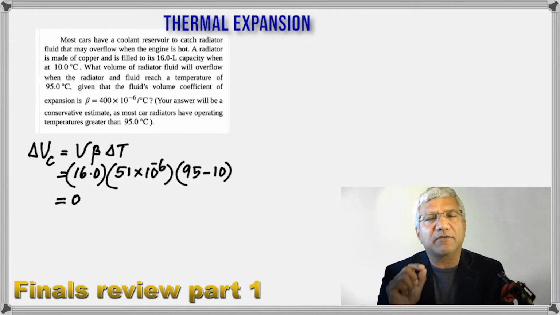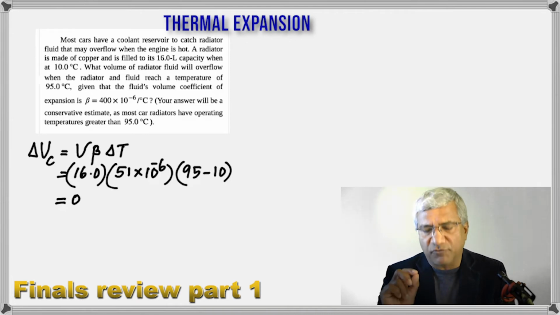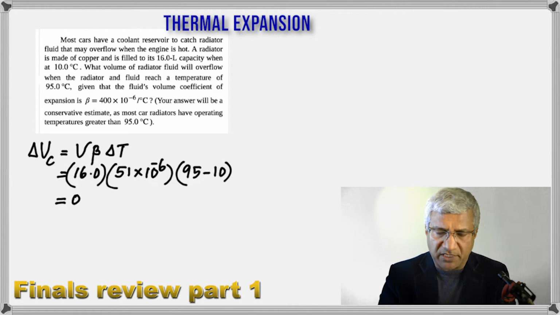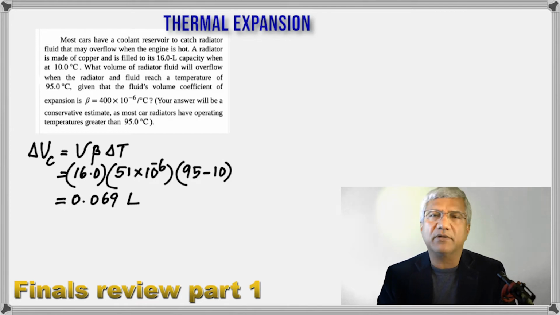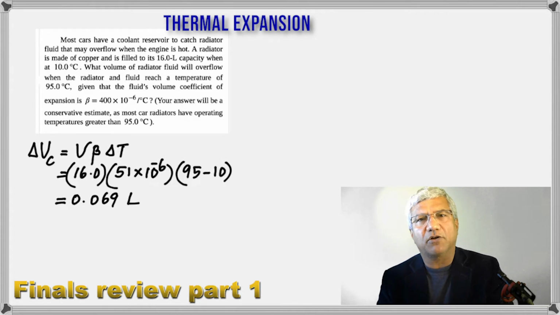So the C there, I'm sorry, stands for the radiator, not the coolant, because beta 51 is that for copper. So this is how much copper expands. All right, 0.069 liters. Because we have the original volume in liters, we get the expansion also in liters.